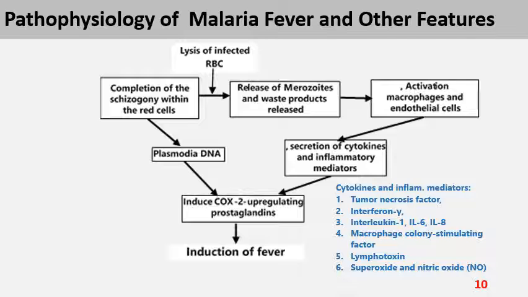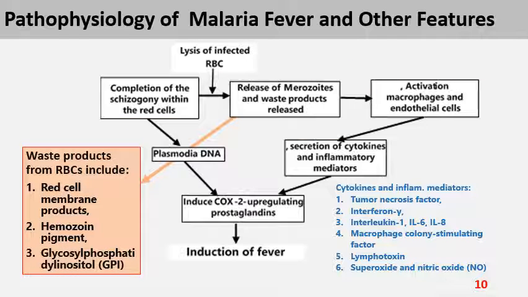At the end of the schizogony within the red blood cell, that is the erythrocytic cycle, each cycle lasting 24 to 72 hours depending on the species of the infecting parasite, freshly formed merozoites are released by lysis of the infected red cells, along with numerous known and unknown red blood cell products.